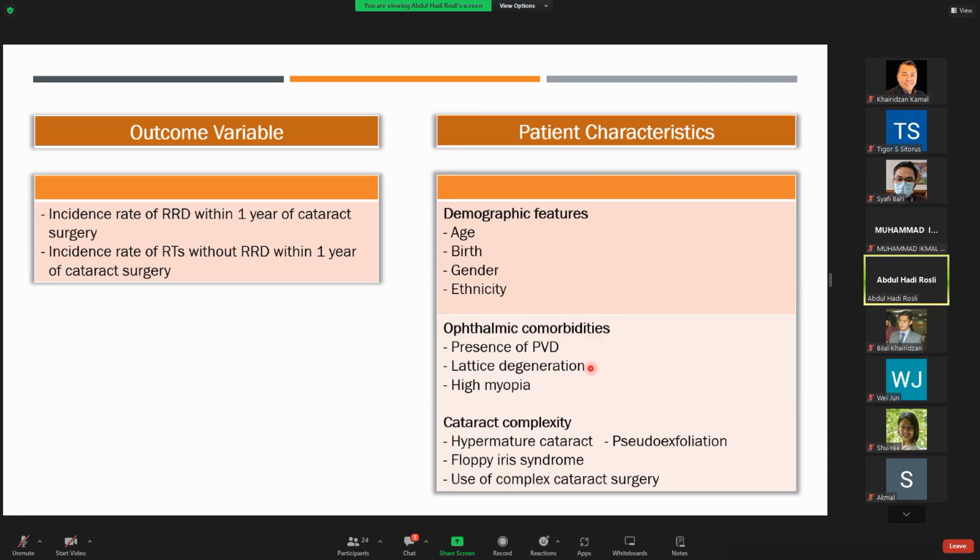They included the risk factors of PVD, lattice degeneration, and high myopia, as well as cataract complexity, including hypermature cataract, pseudo-exfoliation, floppy iris syndrome, and the use of complex cataract surgery. The use of complex cataract surgery means any complication that occurred intraoperatively, or any extra procedure done intraoperatively.